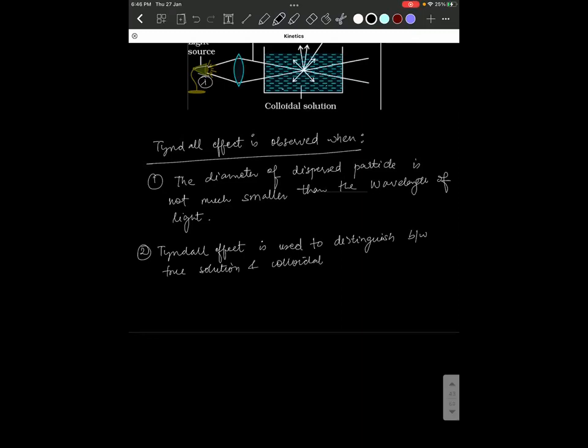Now, can you tell me how will it distinguish? If it scatters the light, then it is colloidal solution. If it does not, then it is true solution. Yes, very good. Third point is suspension may or may not show Tyndall effect.